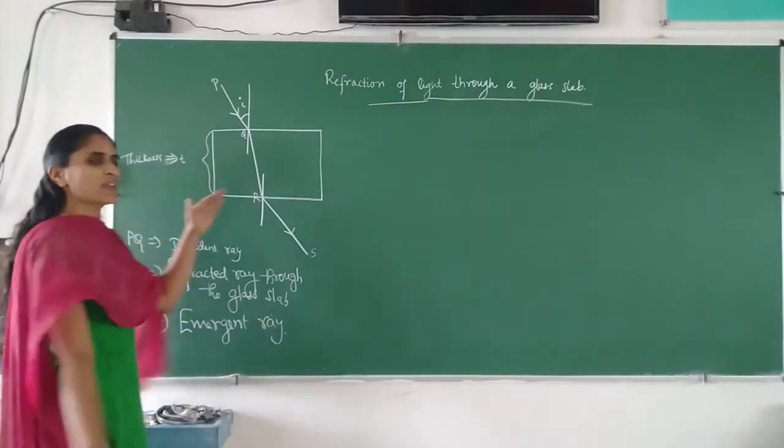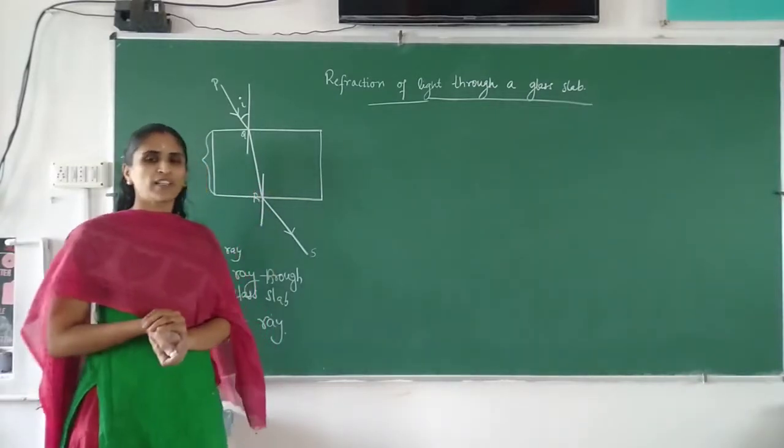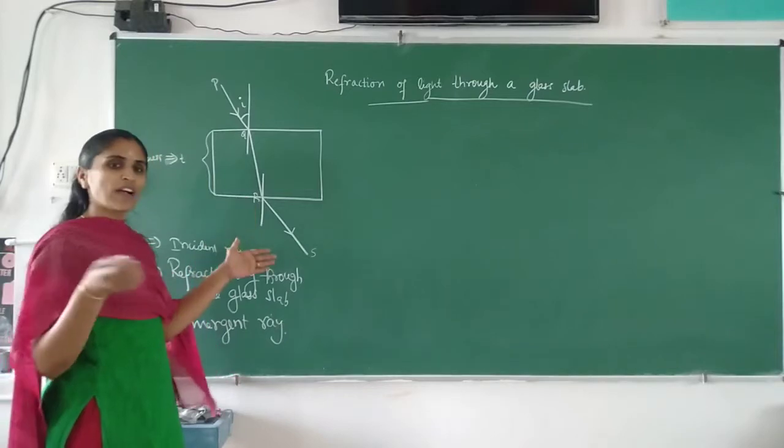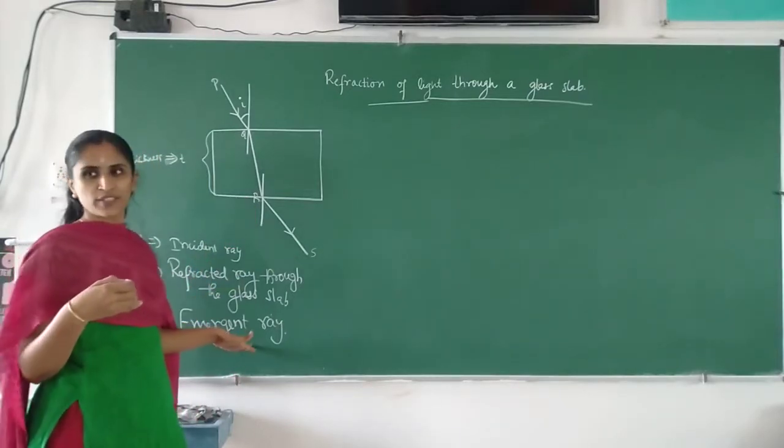Why do we call it the emergent ray? Because it is coming out of the glass slab. It is also a refracted ray only, but since it is coming out of the glass slab, we call it the emergent ray.